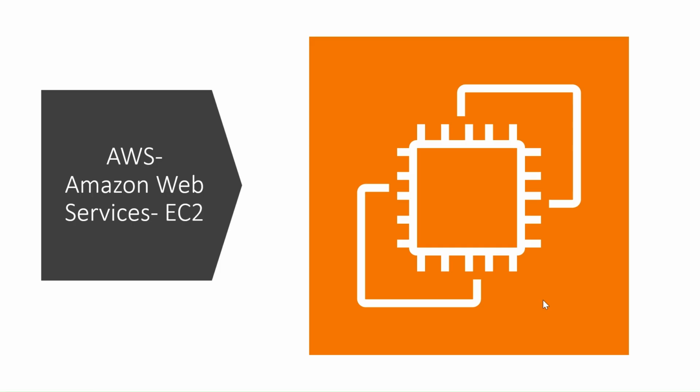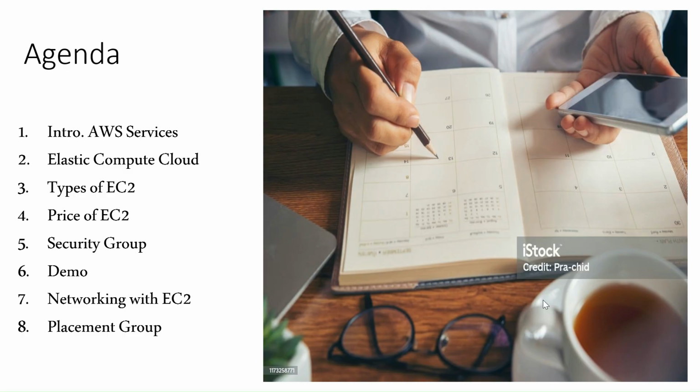So let's start. In this video I'll be covering an introduction of AWS services, then Elastic Cloud Compute, that is EC2, an introduction of that. Then what are the different types of EC2 we have, and how is the pricing model of EC2.